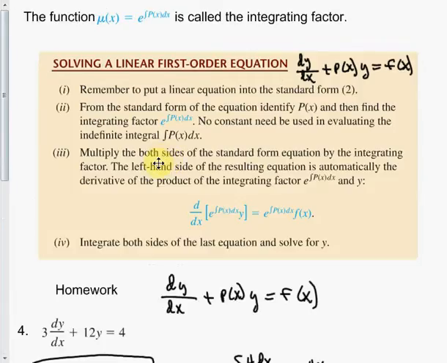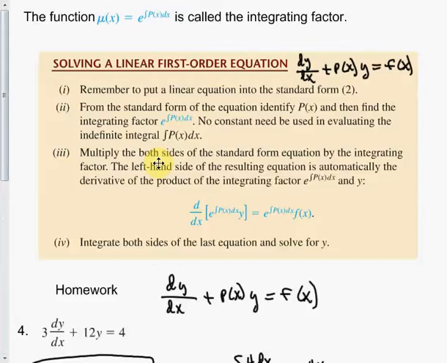The left side is already the result of the derivative of the product of the integrating factor and the dependent variable, which typically is y. The independent variable is x. So the left side is already the derivative of the product of these two, equal to the integrating factor that you multiply to both sides times that f of x.